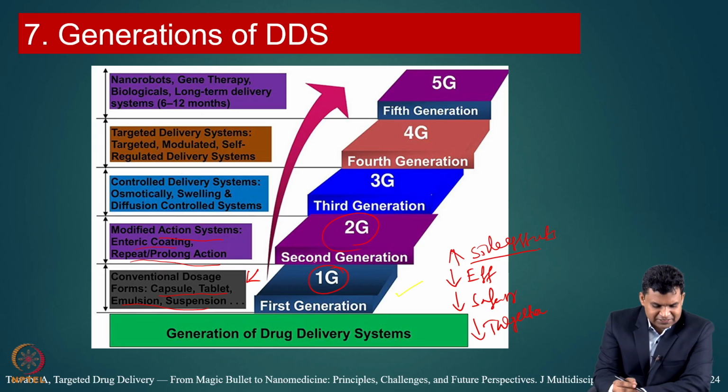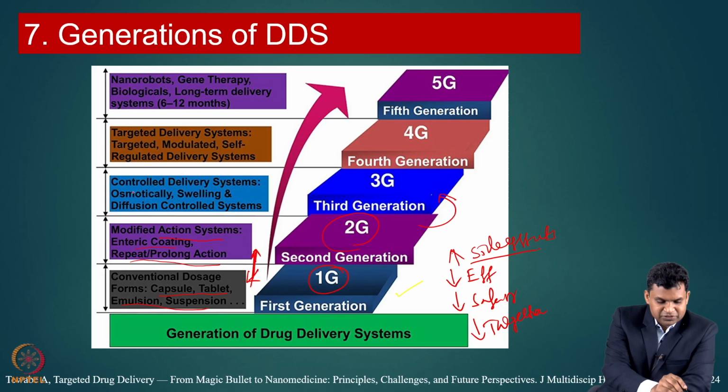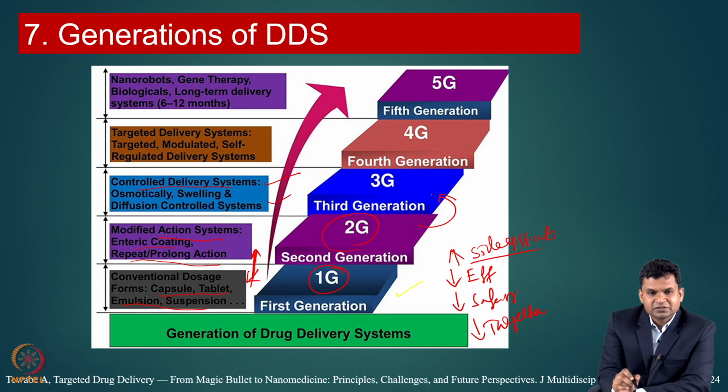So, these are the second generation, and the efficacy will improve. Now, the third generation comes under controlled drug delivery systems: osmotically swelling and diffusion controlled systems. Here also we use various polymers which will help for the drug delivery.